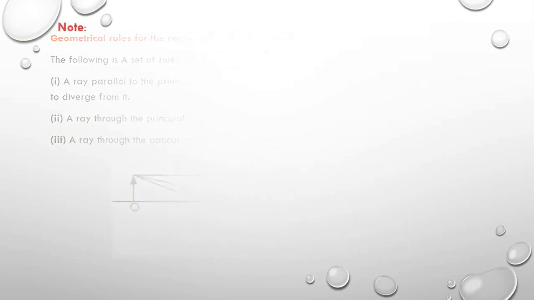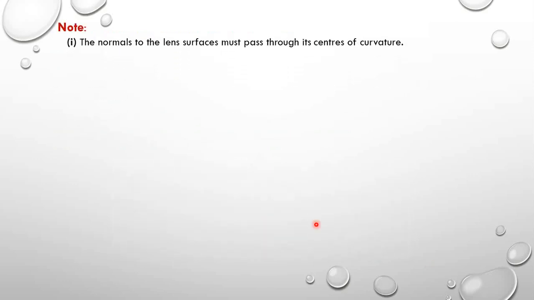Now let us make some note here, that the normals to the lens surfaces must pass through its centers of curvature. I think this is quite similar to what we talked about when you're looking at mirrors, that any normal to the lens passes through the centers of curvature.